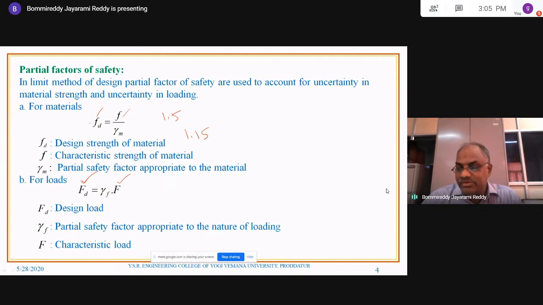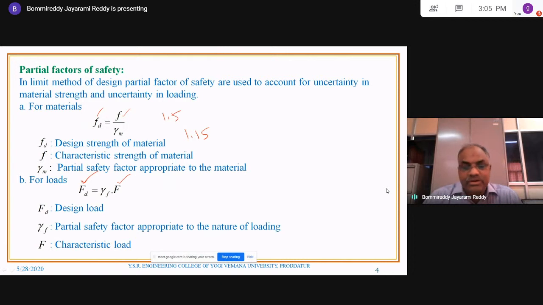In the case of loads, ultimate loads are considered by multiplying by the factor of safety. Here the factor of safety is for different types of loads. In general, the equation is FD equal to gamma F multiplied by F, the characteristic load.